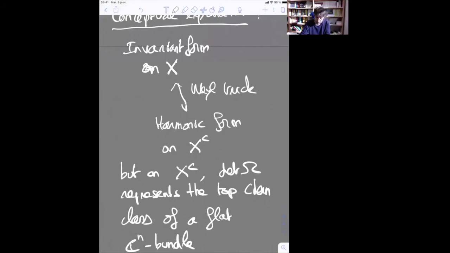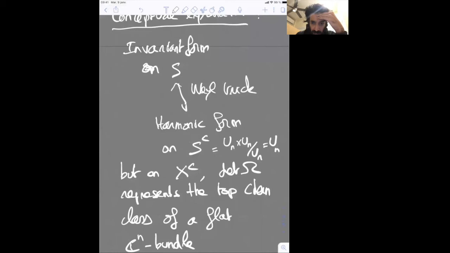Because it can be G-equivariantly, not G, it's the compact dual of G, trivialized bundle. So it's on S, it's better with S, sorry. So S, the compact form, is Un cross Un mod Un. So it identifies with the group Un.